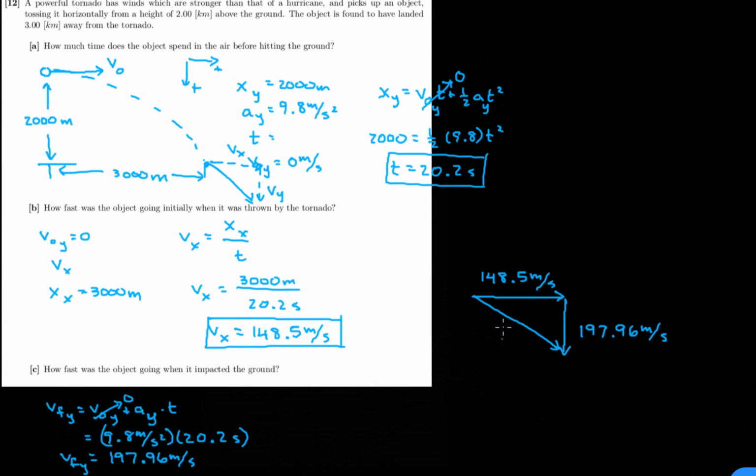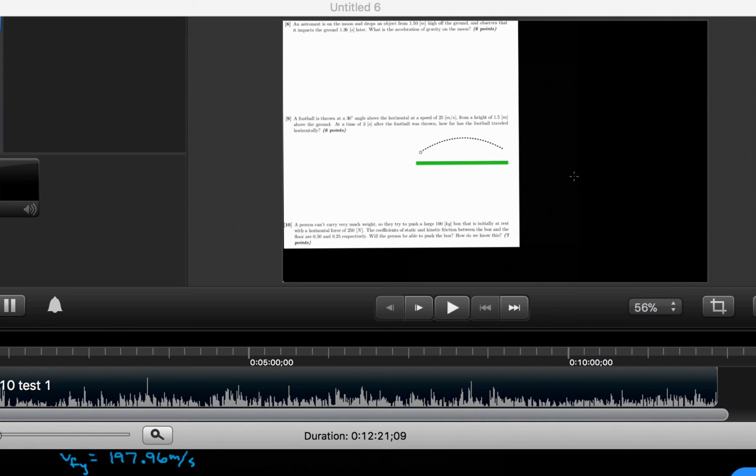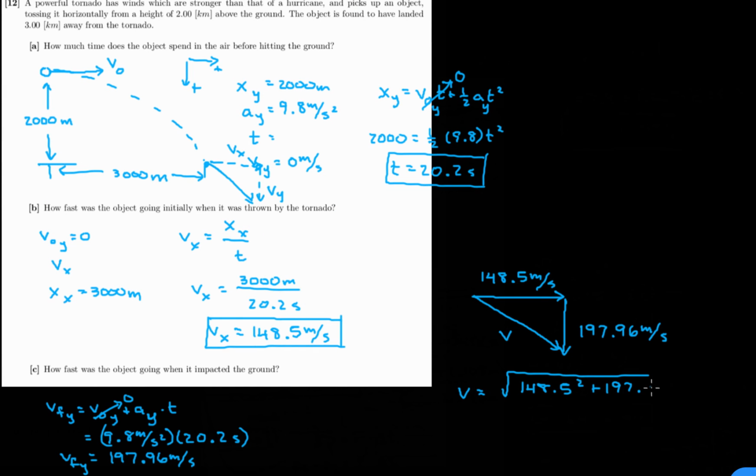So you use Pythagorean theorem, and you go v is equal to the square root of the sum of the squares: 148.5 squared plus 197.96 squared.